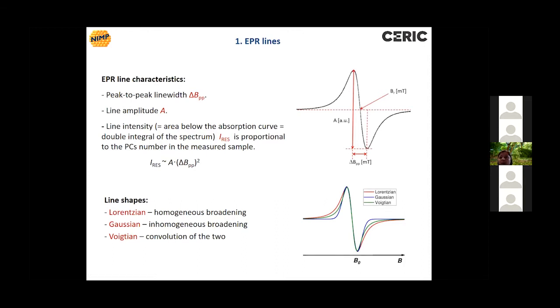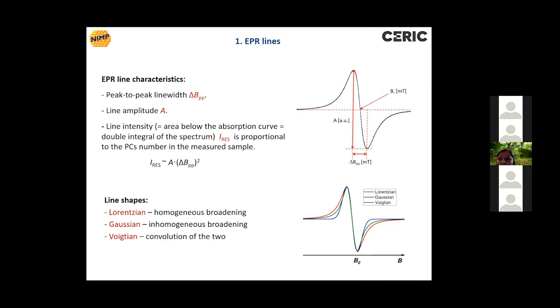So besides reading the resonance field, when you have an EPR spectrum, you look also at the line shape, and you get some information from the line itself.